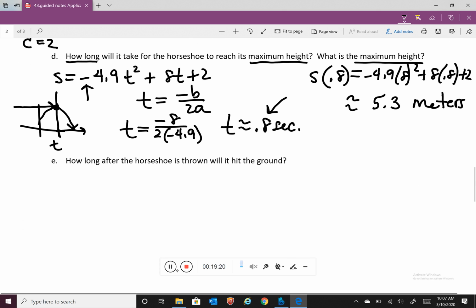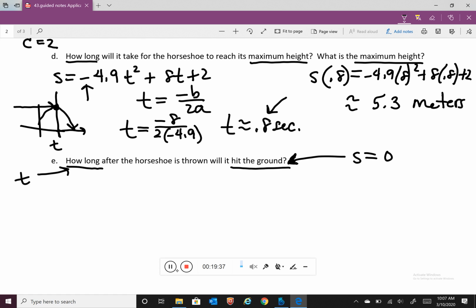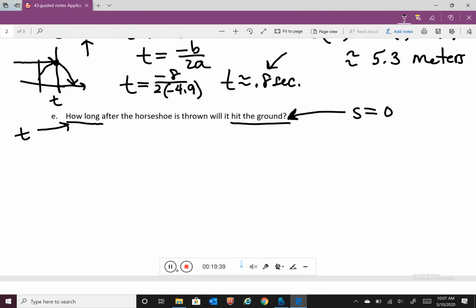And then final question, how long after the horseshoe is thrown will it hit the ground? Well, hitting the ground is talking about the position, and if it's hitting the ground, that means the position is 0. And how long, we're asking to find the time. So we're going to set this equal to 0. And to make it easier for us for using the quadratic formula, let's negate everything.